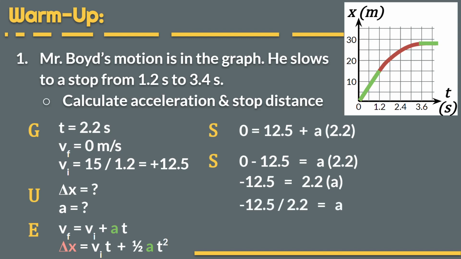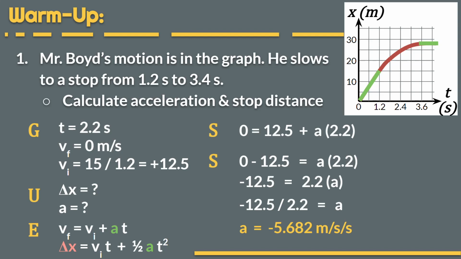When we divide that in the calculator, we find an acceleration of negative 5.682 meters per second every second, or meters per second squared, however you want to write that unit. That would be the acceleration. Makes sense that it's negative because he's slowing down. He's going forward, slowing down. So forward is going to be positive velocity. Slowing down means my acceleration has to be opposite.